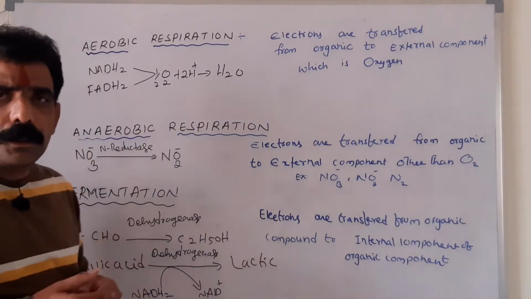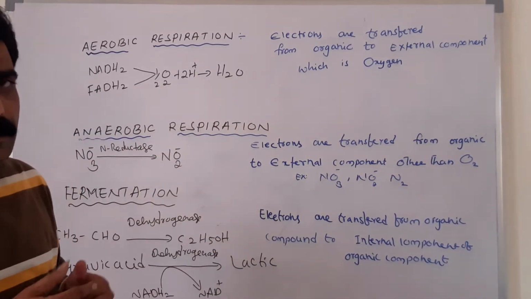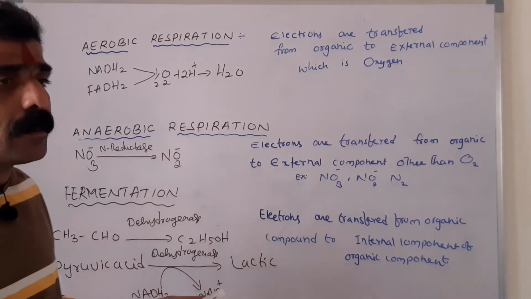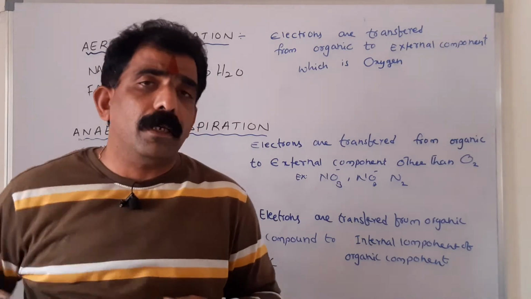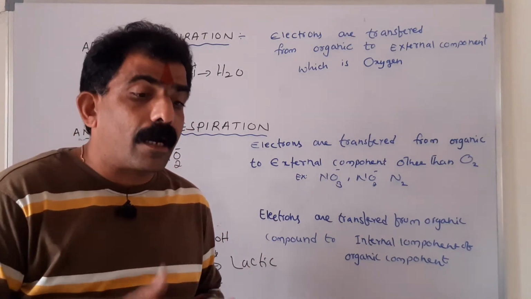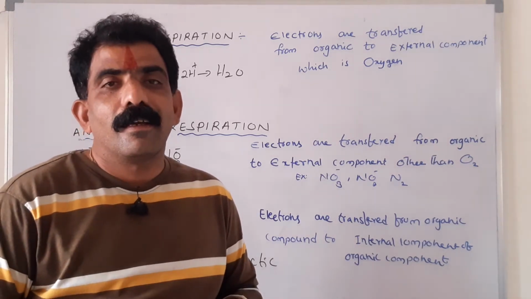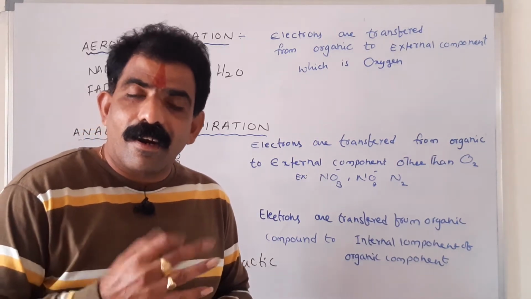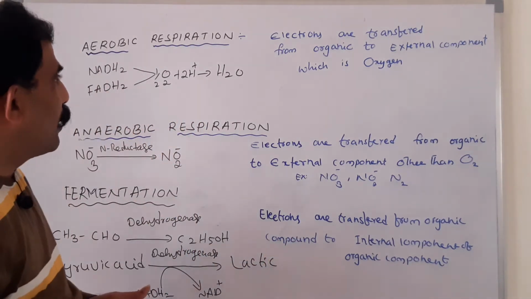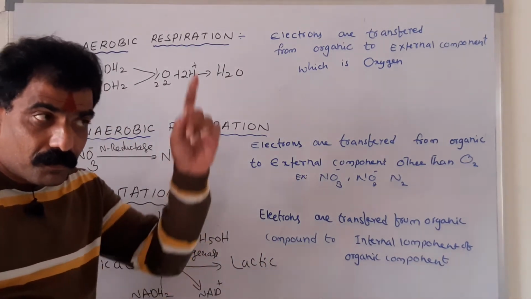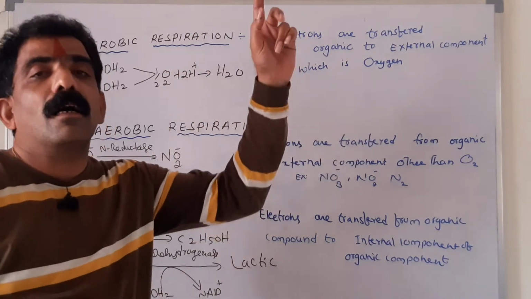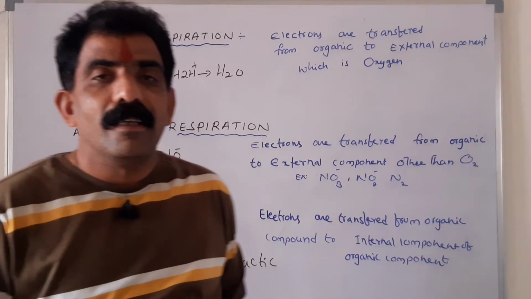So in the electron transport system, NADH2 and FADH2 lose their electrons. These electrons are transported through various intermediate electron carriers and finally the electrons are transferred to oxygen. So here electrons are transferred from an organic compound to an external component, oxygen.